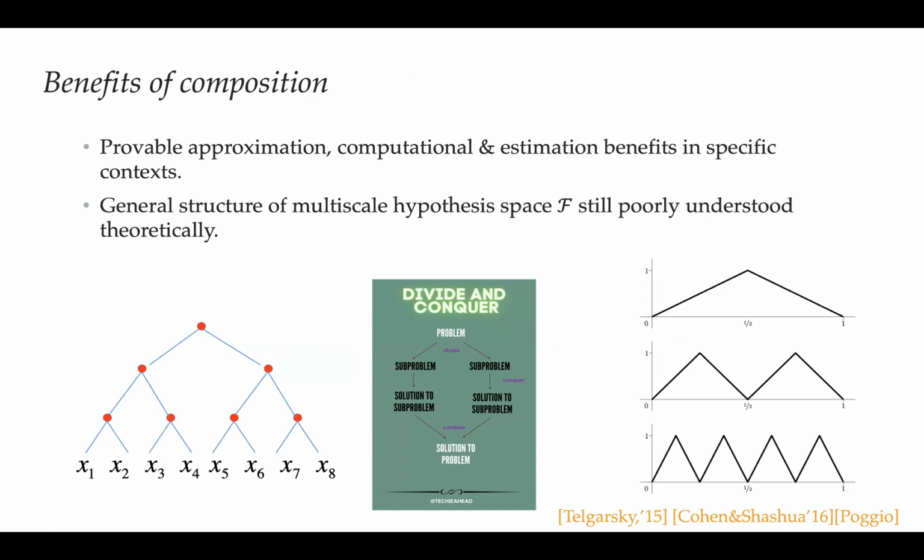I have to say that there's the general structure that really tries to classify exactly when these compositional models are going to be better. It's still something quite nebulous, not completely understood from a theoretical perspective. But we have, of course, instances where this is obviously a winner.